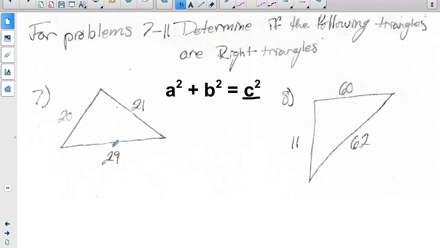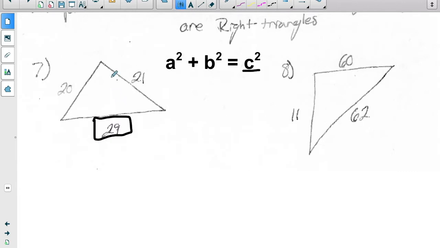So if I look at number 7, the hypotenuse is 29. If this is a right triangle, 29 should be our hypotenuse. So what that means is 20 squared plus 21 squared is what we should have here. And I'll also try to find 29 squared.